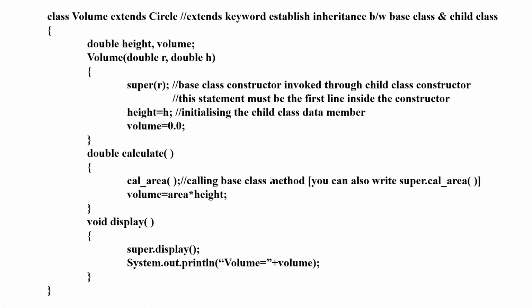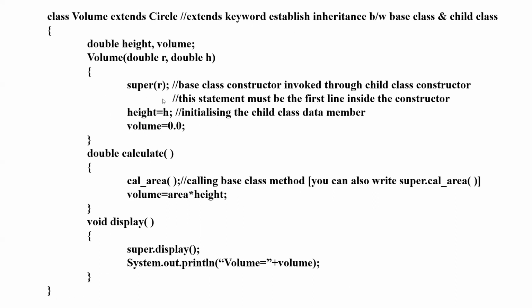And again, there is a convention in a constructor or in a child class method: priority goes to the base class. So first the base class needs to be referred, then the child class members will be referred. So first super(R) is initializing the data member radius, then height is initialized with H, volume equals 0.0.